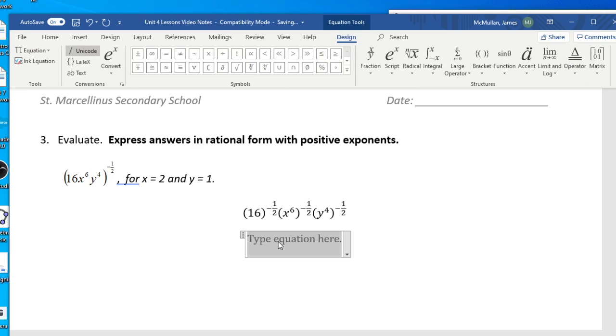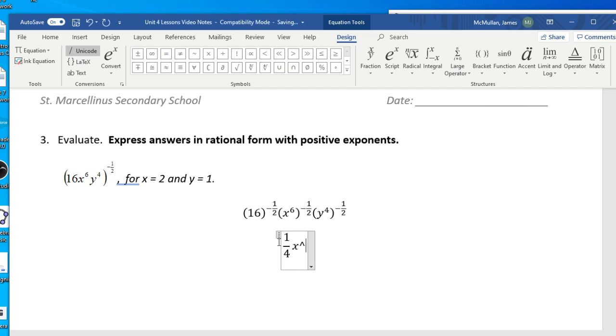Now what happens when you do this? In the case of 16, the 1/2 turns it into a 4, and the negative 1/2 turns it into a 1 over 4. Okay? 1/2 changes 16, you take the square root, you get 4. But then it's a negative exponent, so it's not 4, it's 1 over 4.